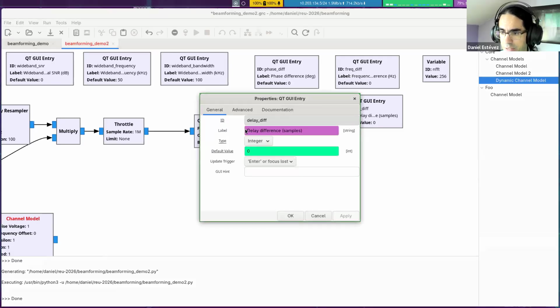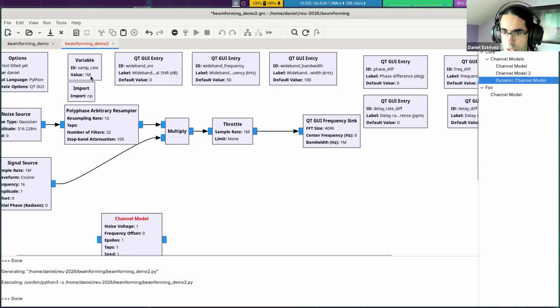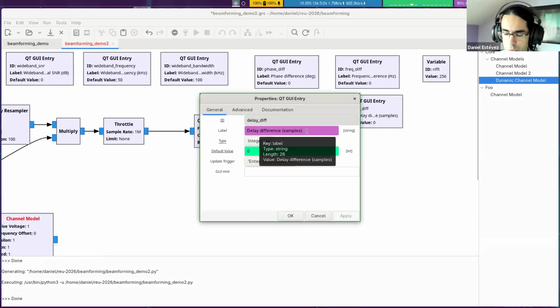Then we have delay difference. So how much delay difference is there between the two receivers? And this is going to be measured in samples. Remember, because we have a sample rate of 1 million samples per second, each of these samples is 1 microsecond.